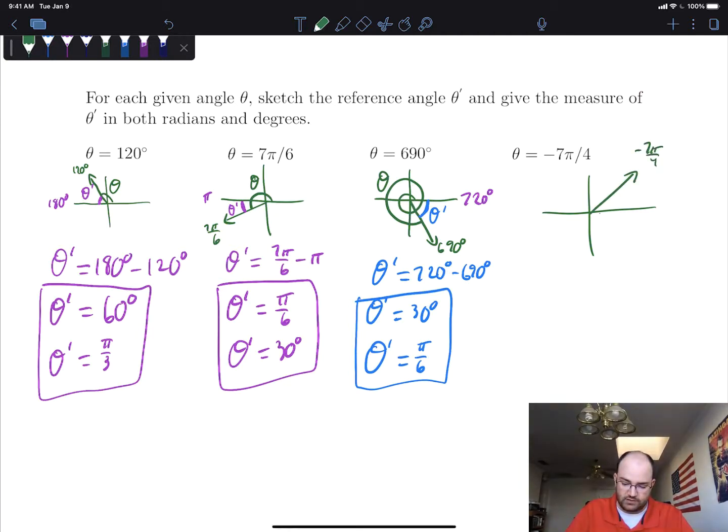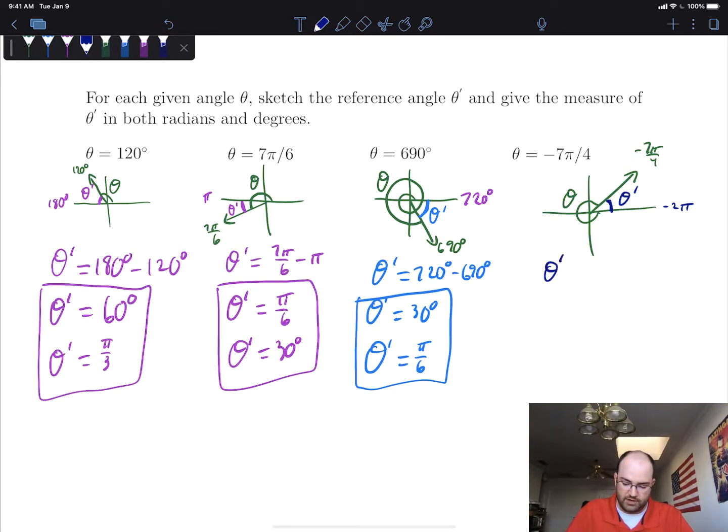Now technically we did this, and that was theta. Notice that theta prime is going to be that angle right there. So if that's the case, continue for a little bit further, that makes that, let's say, negative 2 pi, if you will. Or 0 if you want, it doesn't really matter. But you want to just do the next one that you can.